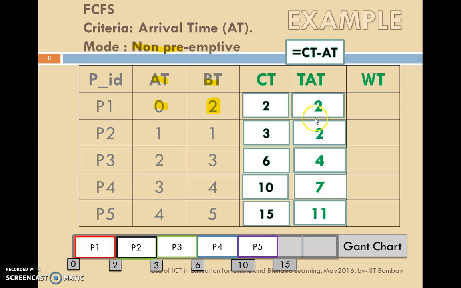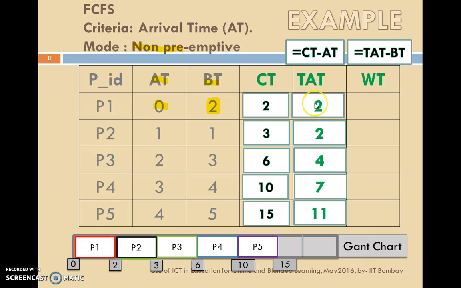Next, once we know the turnaround time, we can find the waiting time. Turnaround time is equal to waiting time plus burst time. The total time spent in the system is the waiting time plus the burst time. So waiting time is equal to turnaround time minus burst time.